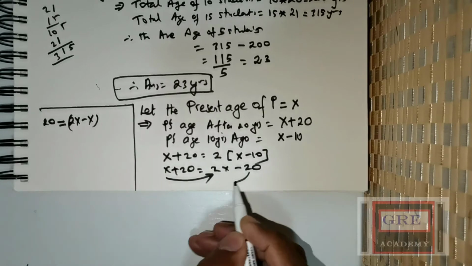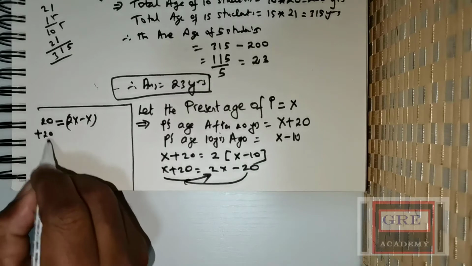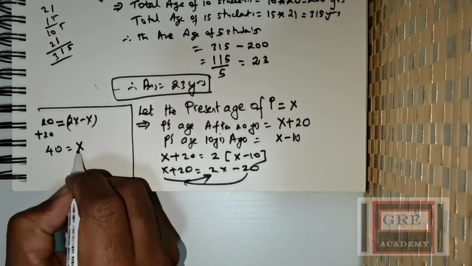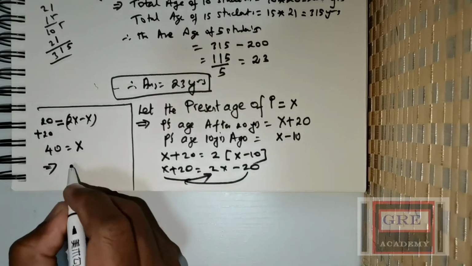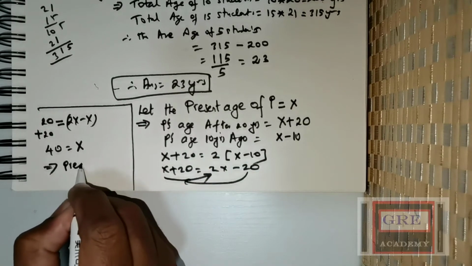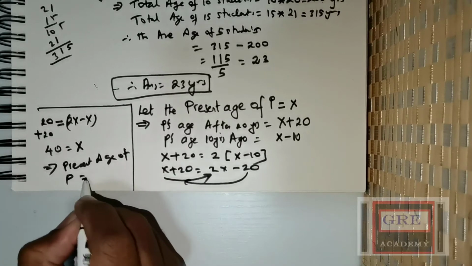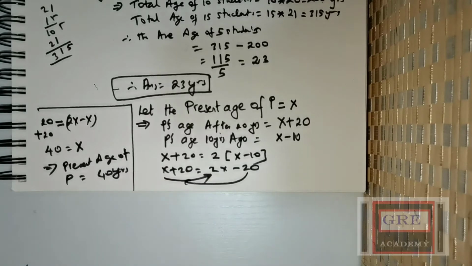Now we move this negative 20 to the other side, so that would mean positive 20. So 40 will be equal to 2x minus x, that's x. So this would mean the present age of P will be 40 years. That completes the solution for this question.